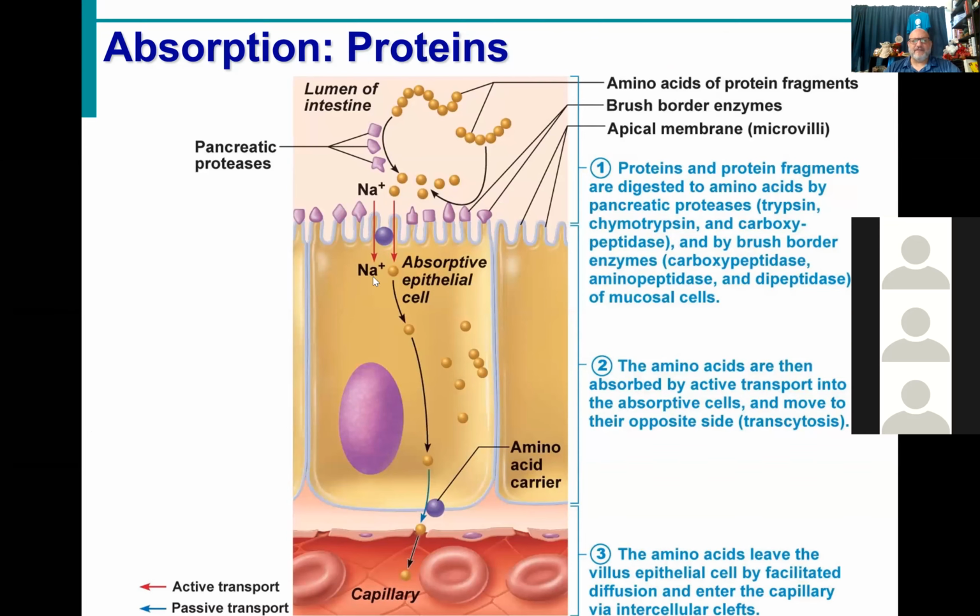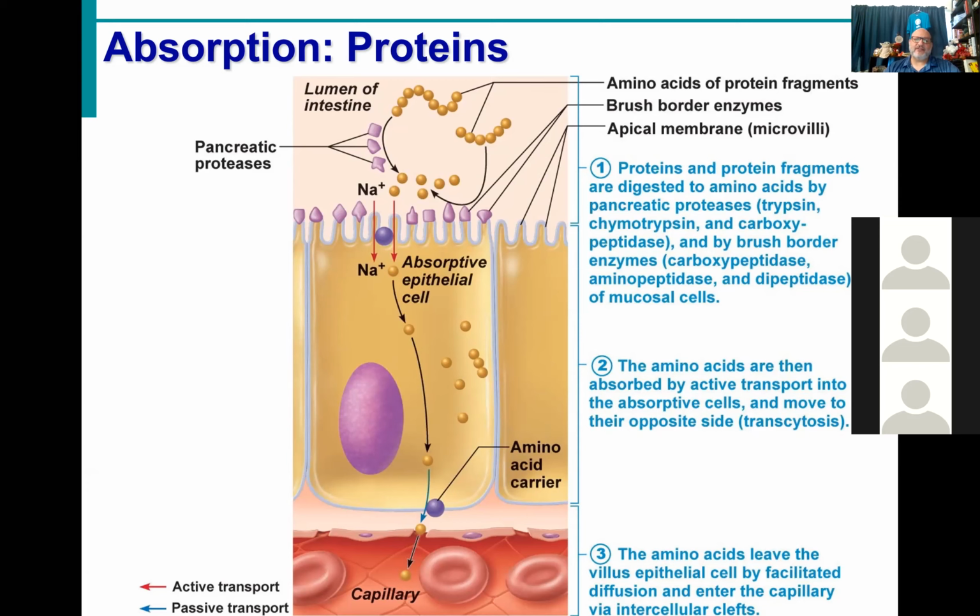Again, notice we have our co-transportation of that amino acid in through the apical surface, passes through the cell, and out by facilitated diffusion through a carrier on the other side and into a blood vessel from the interstitial fluid. So we have this pretty picture that kind of shows that path as well.